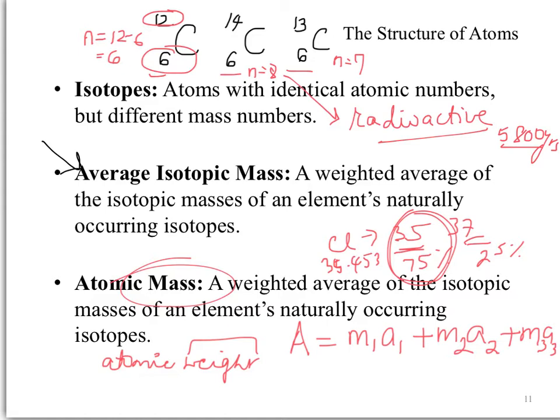So the mass of a specific isotope is referred to as an isotopic mass. On the other hand, if you're thinking about the relative isotopic mass or average isotopic mass, numerically it means exactly the same as an atomic mass, and the way you calculate it is also the same. The only difference between the two is that the average isotopic mass does not have any units.